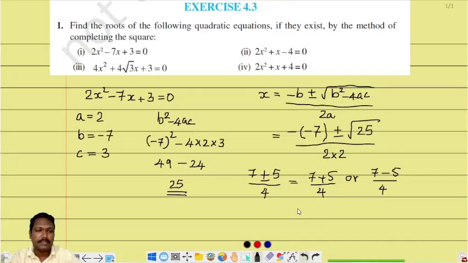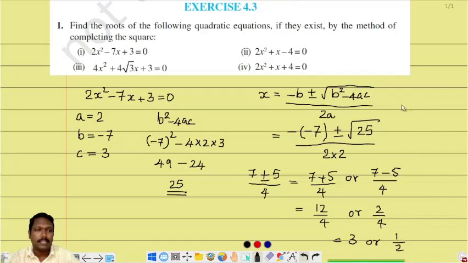What is 7 plus 5? 7 plus 5 is equal to 12. So 12 divided by 4, or 7 minus 5, that is 2 divided by 4. Now we can cut these two numbers. We can reduce this into simplest form. Then we will get 3 or 1 by 2. So the values of x are 3 or 1 by 2.